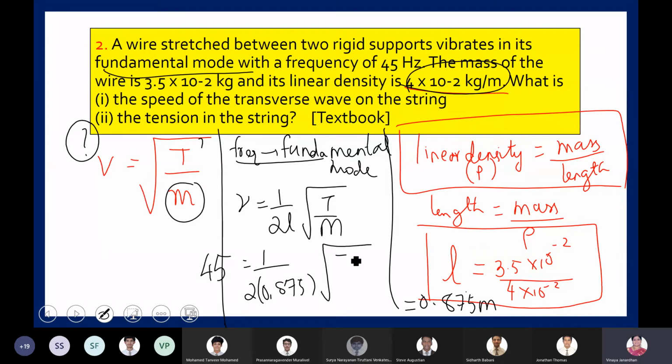Into your tension divided by mass per unit length, that is 4 into 10 to the power of -2. If I want to find tension, this entire expression I have to square. So 45 squared will be equal to 1 by 2 squared into 0.875 the whole square into T by 4 into 10 to the power of -2.